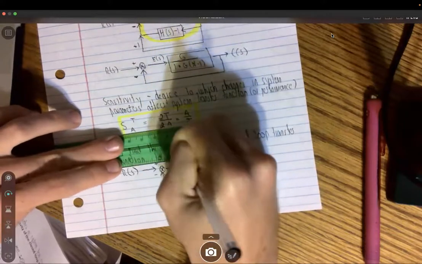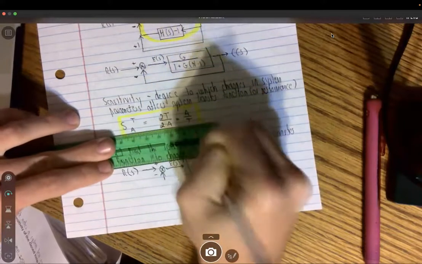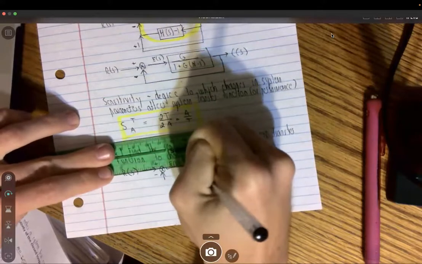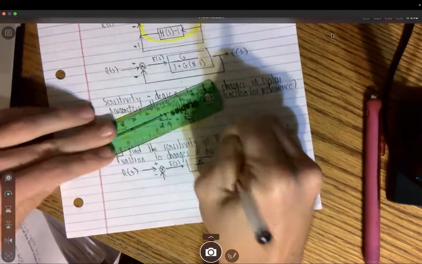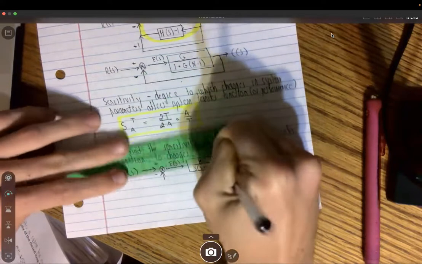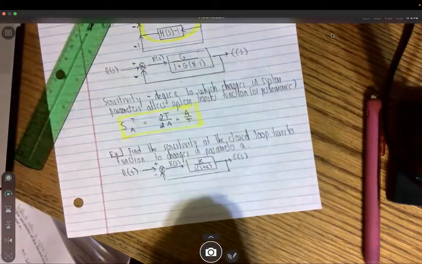And so this would be your K over S times S plus A. Then this is your output C of S. Then you have it going back in your feedback loop.